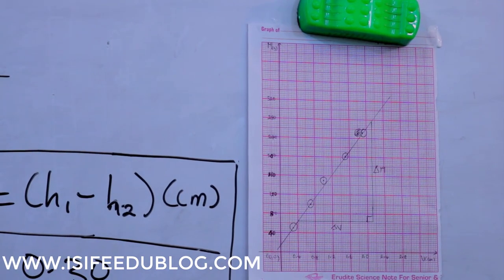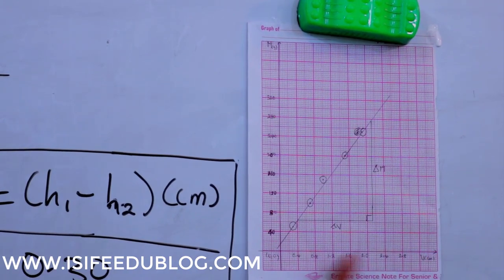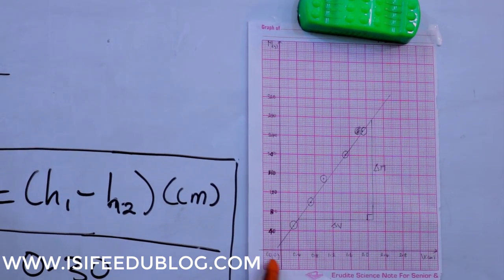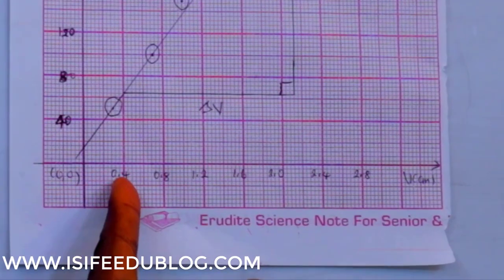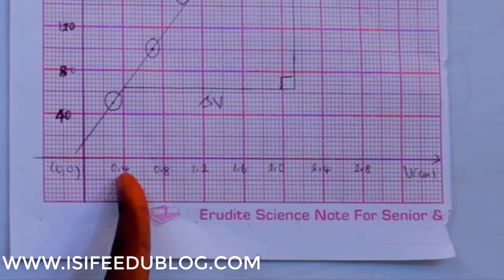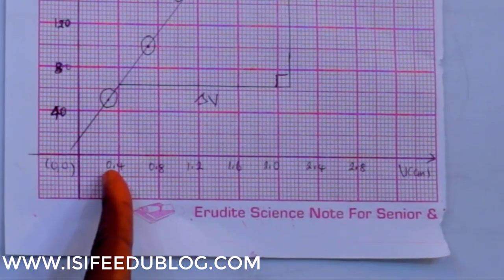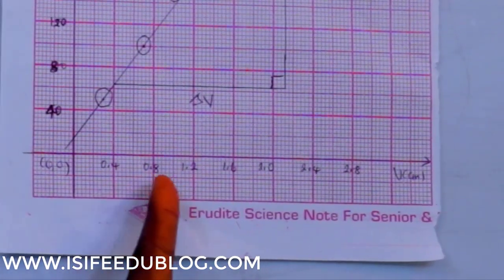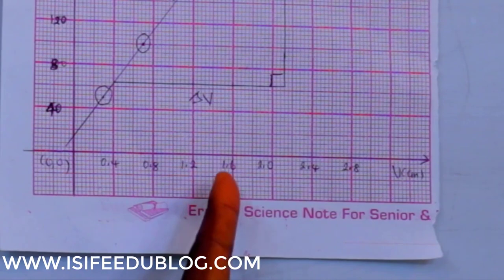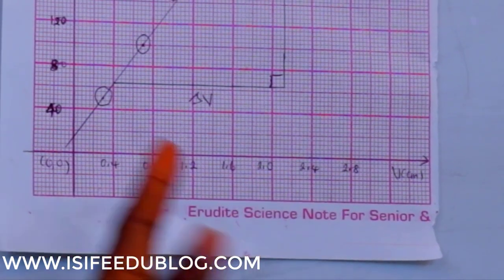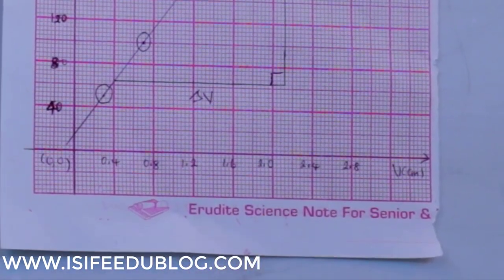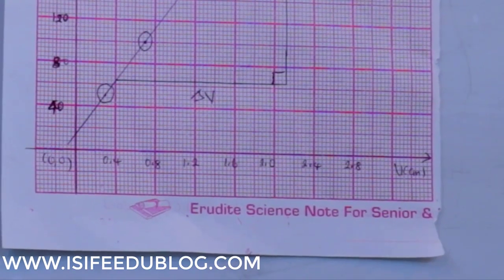Now on the horizontal axis, we have 2 cm to represent 0.4 units. So we have 0.4, 0.8, 1.2, 1.6, 2.0, 2.4, 2.8, and so on and so forth.